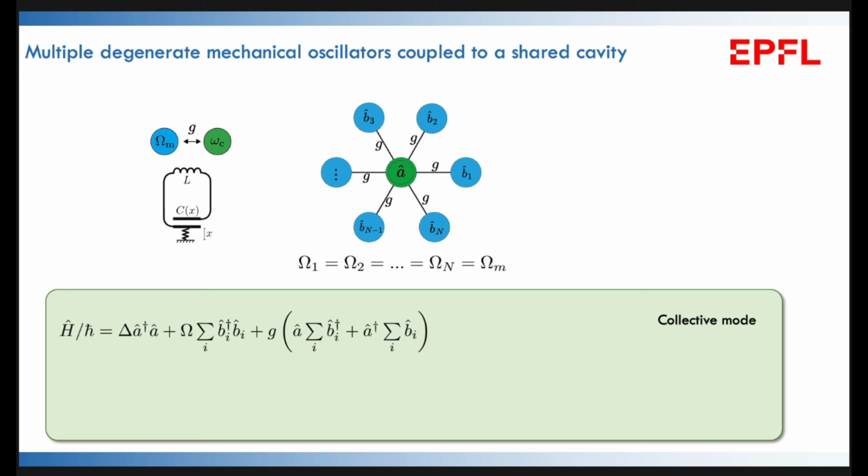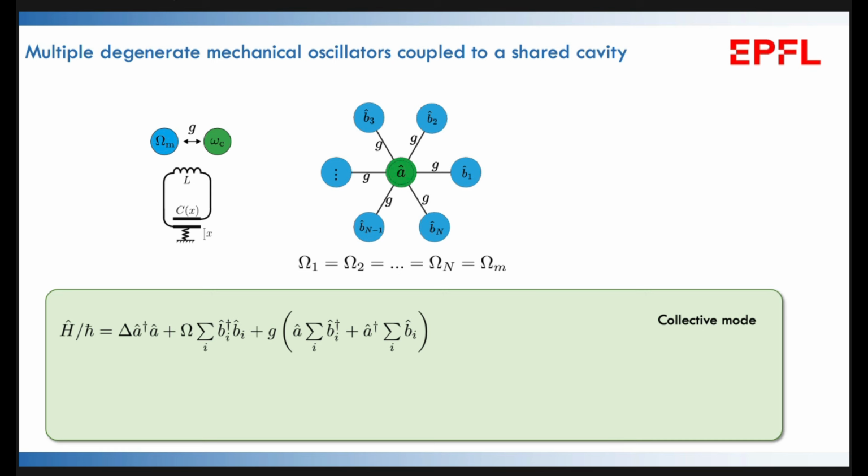So how does this work? The idea here is to have 6 mechanical oscillators coupled to one microwave mode, and use this one microwave mode as a dissipative reservoir to cool the motion all the way to the ground state.